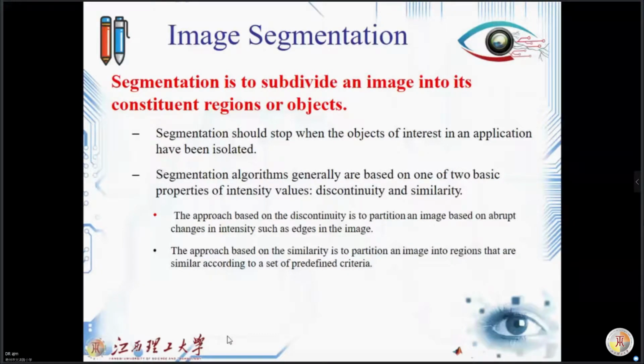discontinuity and similarity. Maybe at the initial stage it will become clear for us that in image segmentation we are searching for one target or one aim in our image.